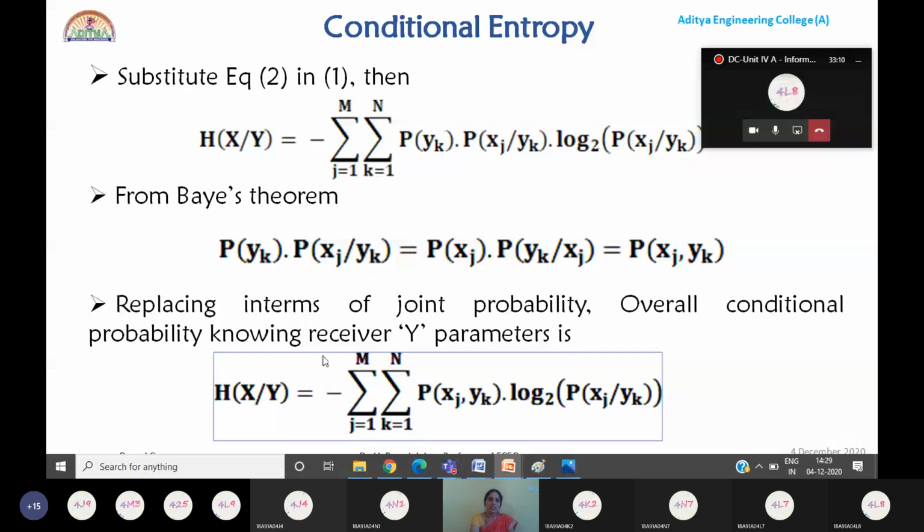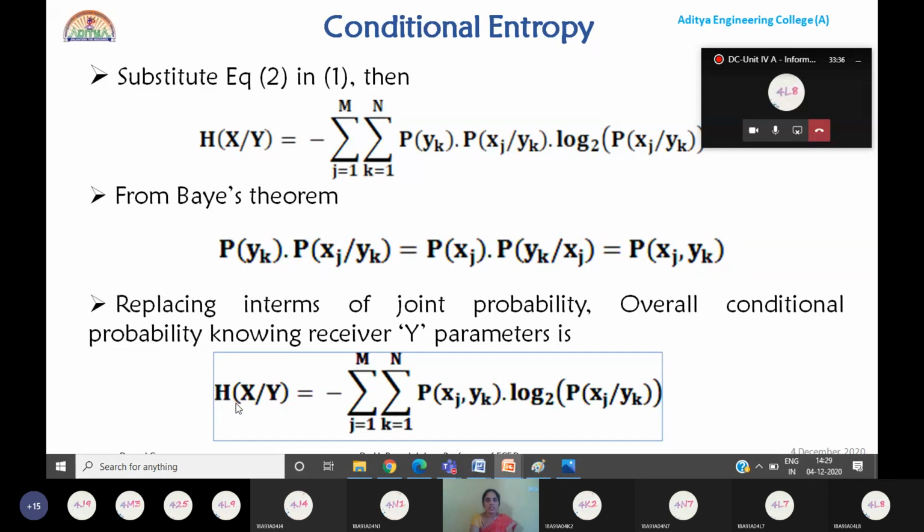So finally we obtain the overall conditional entropy of the transmitter section, knowing the receiver parameters, as minus summation j is equal to 1 to m, summation k is equal to 1 to n, P of xj comma yk log P of xj by yk base 2.